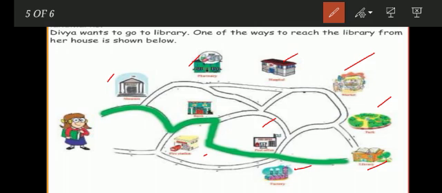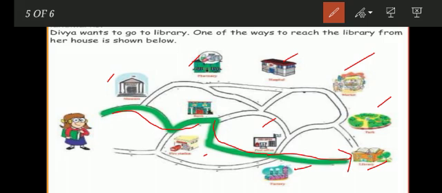These all are landmarks for how to go to Divya's library. See, the first route they gave from the home to the library: museum, then bank, then post office, then she reaches the library.